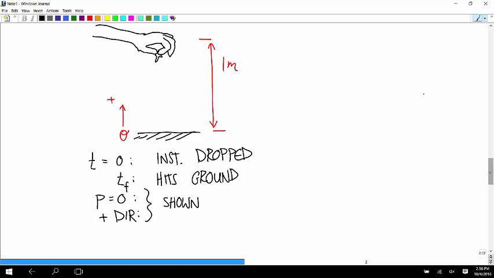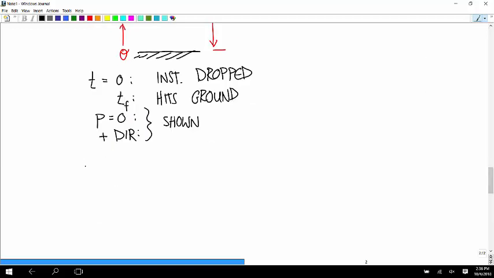Now the second step is to figure out what we know and what we want. We're just going to go through the list. We only have those 7 variables from 1D kinematics to deal with. Do we know time final? No, that's what we're looking for. Do we know acceleration?